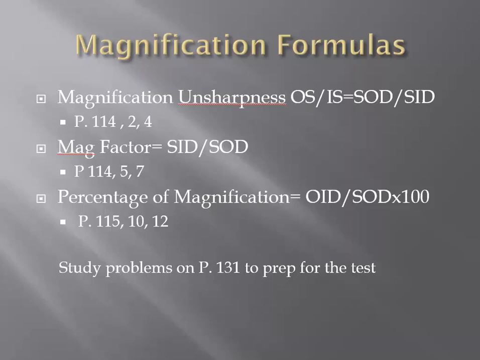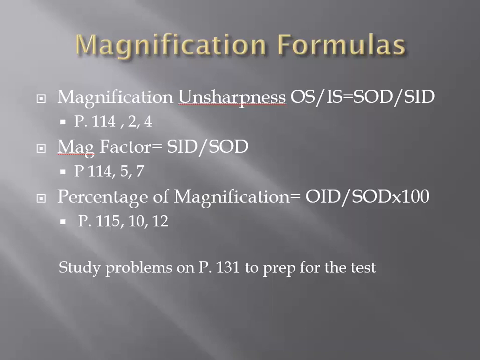You would have 4.2. Now if you flip back over to page 111, you see magnification factor. The magnification factor is calculated as SID over SOD. If we applied that formula to the same question, number 2, with an object of 3.5 inches, SID of 36 inches and SOD of 30 inches, your magnification factor would be 36 divided by 30, which is 1.2.